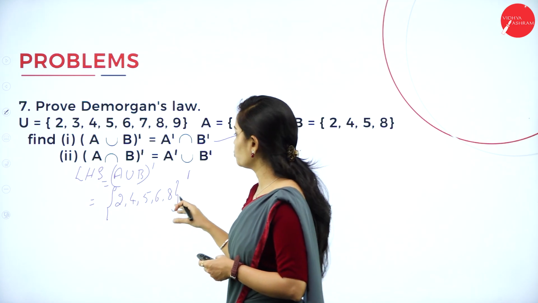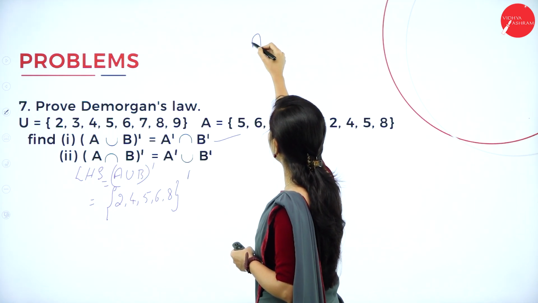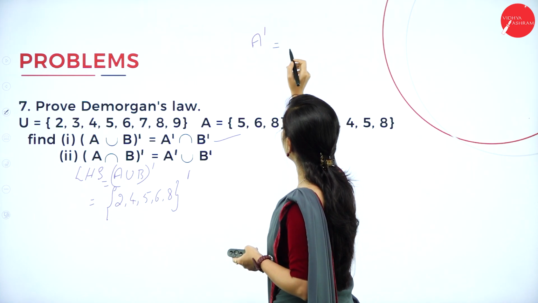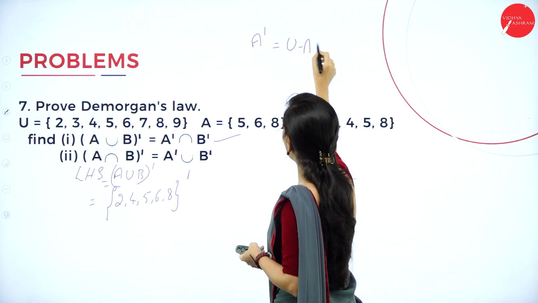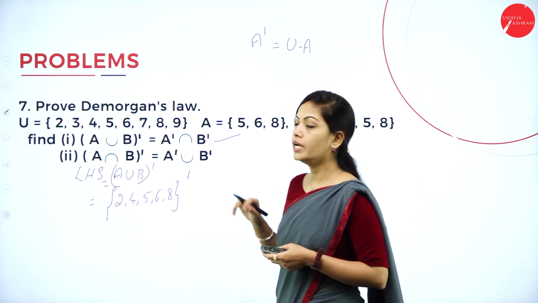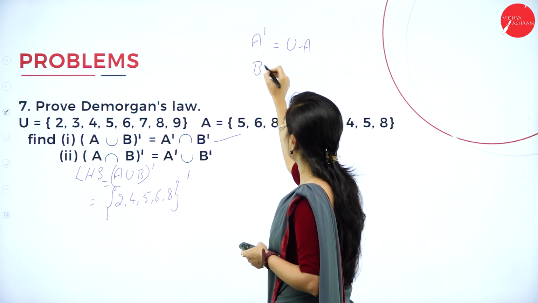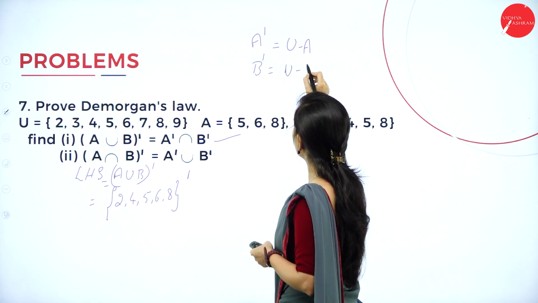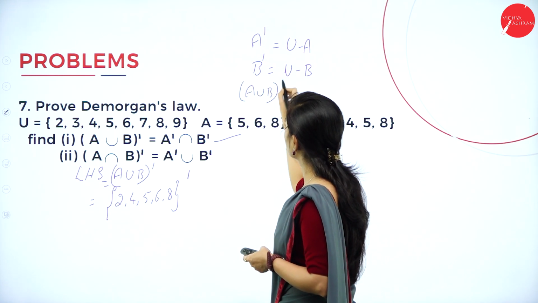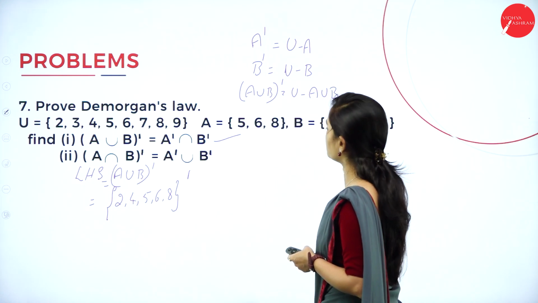So here you have to find the (A union B) whole complement. How will you find the complement operation? Already I have explained how to find the complement of A: U minus A. If you use this method, easily you can find the complement of A, that is, universal set difference A. For B, B dash is equal to U difference B. So for (A union B) whole dash, it is U difference (A union B).